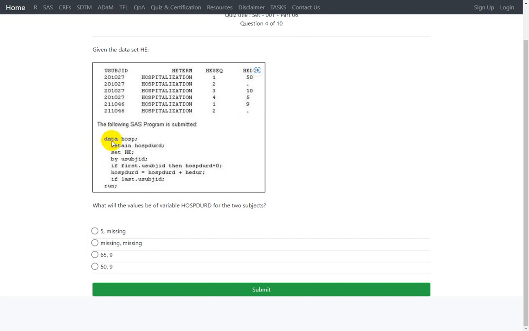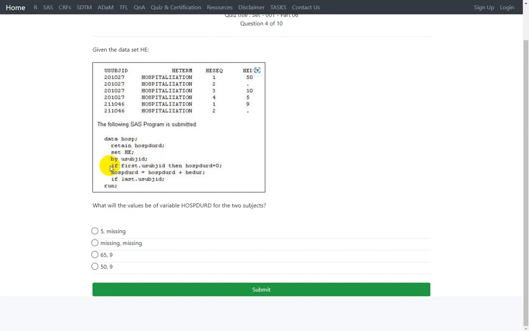Here they are trying to create a dataset named HOSP in the work library, and they have used a retain statement for HOSPDURD, which could be hospitalization duration. Then they are using the HE dataset as input, and a BY statement has been used on which the USUBJID variable has been specified. So it internally creates two variables for us, which are first.USUBJID and last.USUBJID whenever we specify a BY statement.